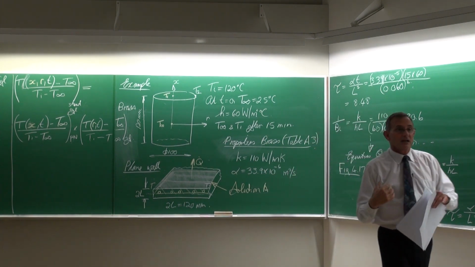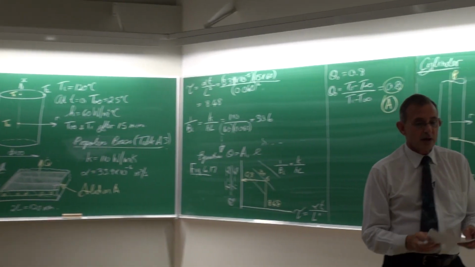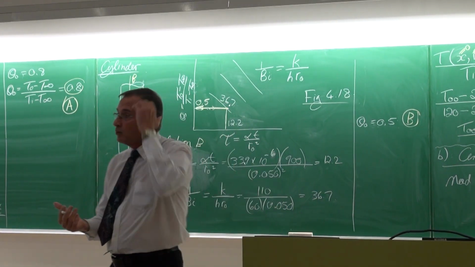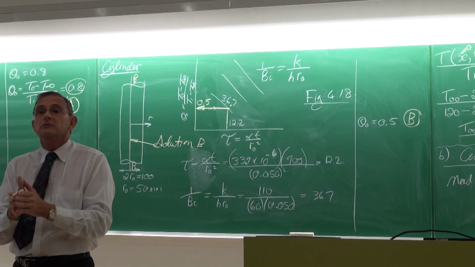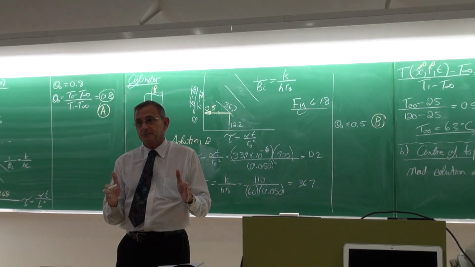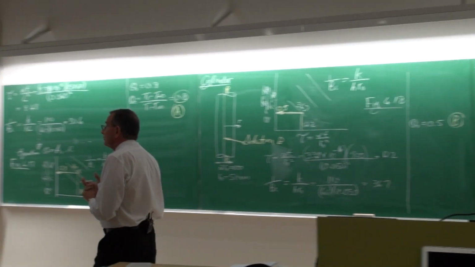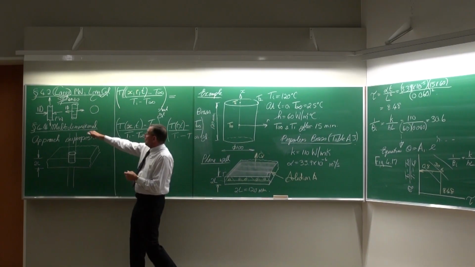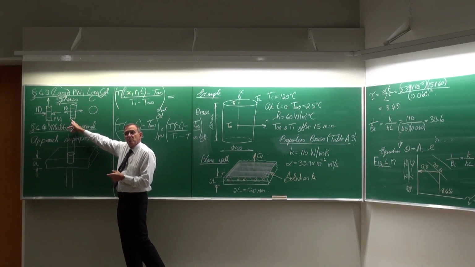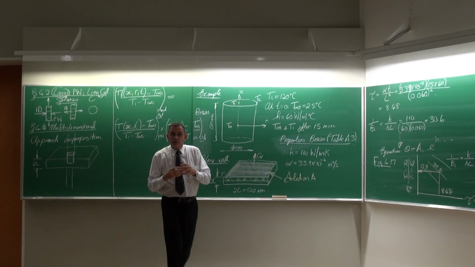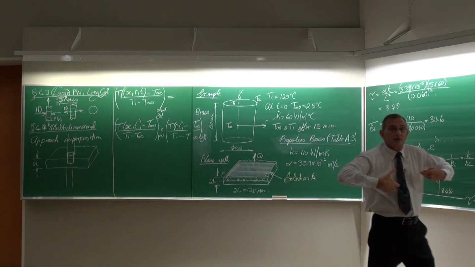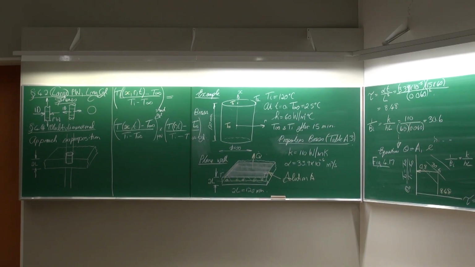The other thing is, I hope you still remember the example of the dead body, where we had to estimate how long ago the person passed away. For that problem, we used a long cylinder, which is not the best assumption, because it would mean that all the heat transfer from your head and toes was not taken into consideration.